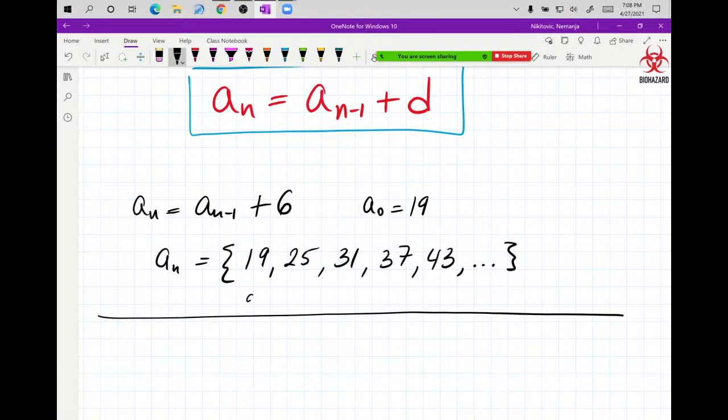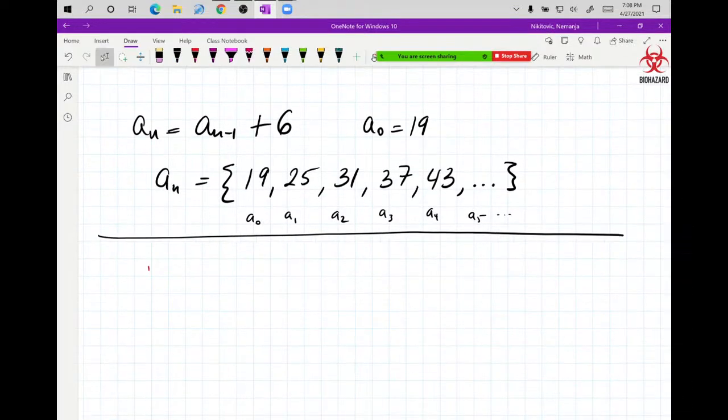Now remember, these are all a_0, a_1, a_2, a_3, a_4, a_5, going on forever. We can write the formula for the general term and compute any term we want.